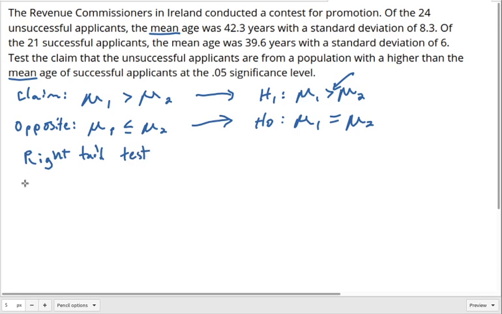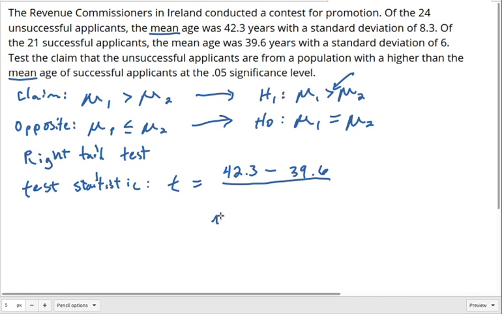And so now we have to figure out what the test statistic is. So I'm going to throw that into the test statistic formula for two means. I simply take the first sample mean, 42.3 from the unsuccessful applicants, and I subtract the mean from the other sample, the successful applicants.